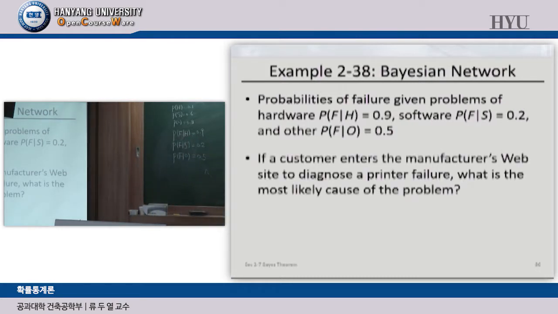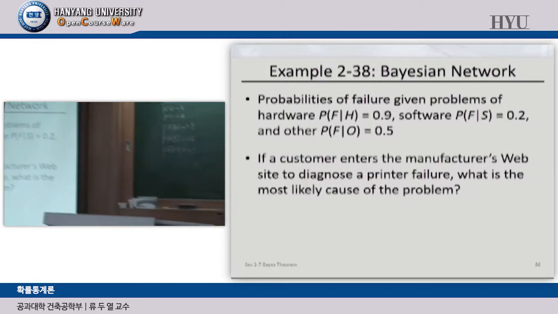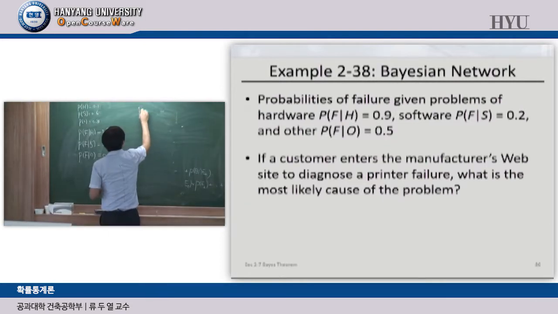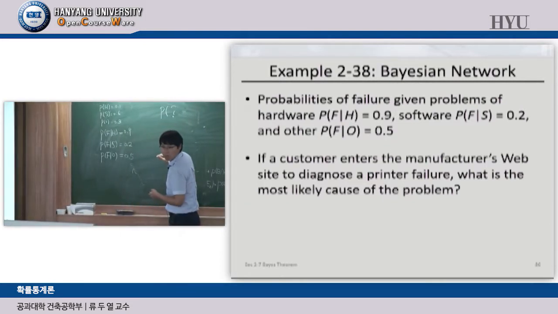So if a customer enters the manufacturer's website to diagnose a printer failure, what is the most likely cause of the failure, of the problem? So how can we solve this problem? We have to find out the most likely cause of the problem when we see the failure. So we have to calculate the probability that the problem is from hardware, software, or other, given failure.